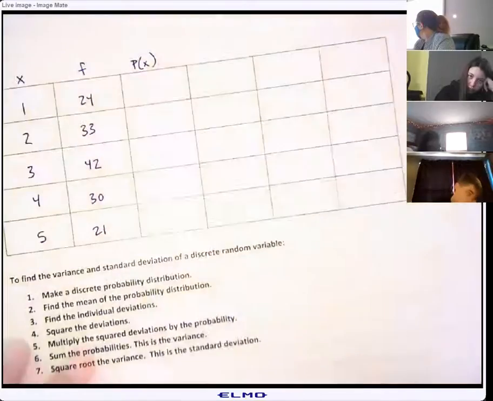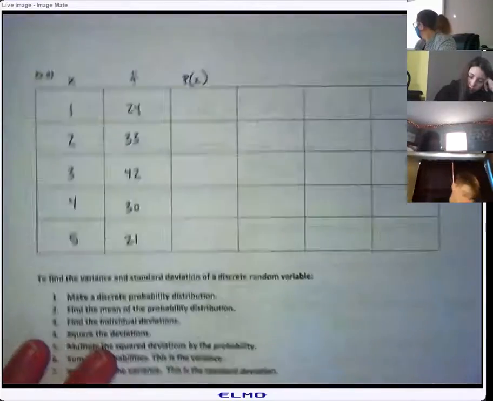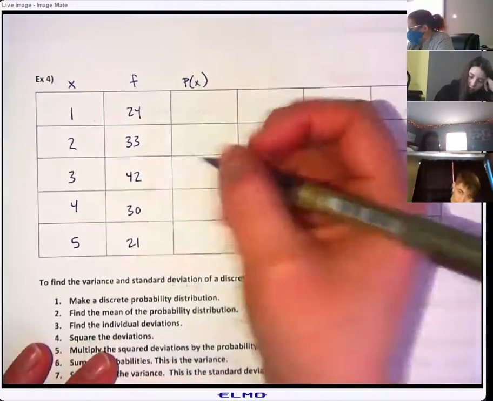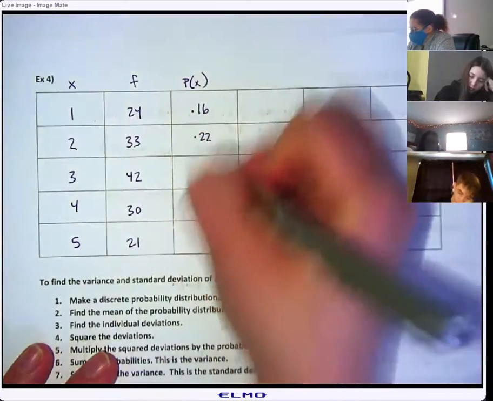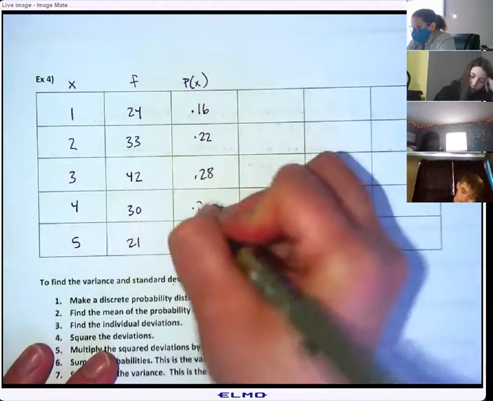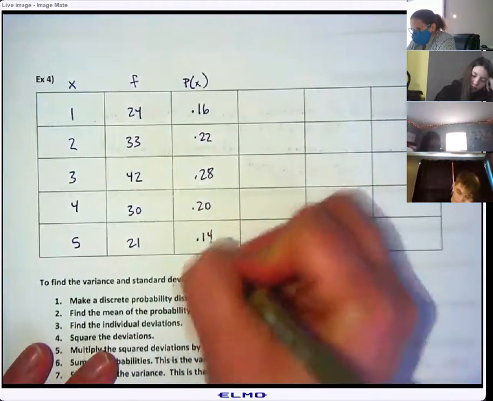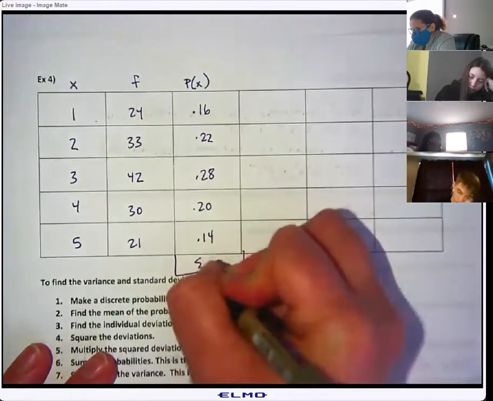And then all of our probabilities that we did, which was 0.16, 0.22, 0.28, 0.20, and 0.14. Remember, those added up to 1, which is what we wanted.